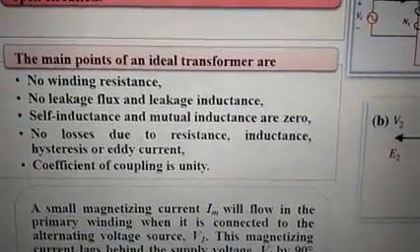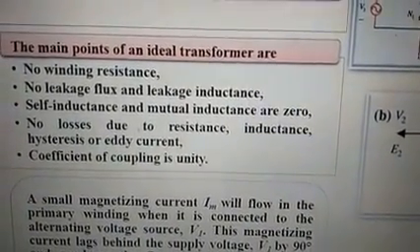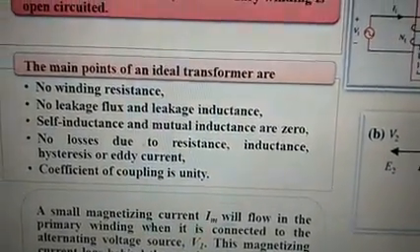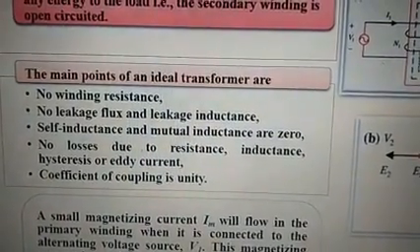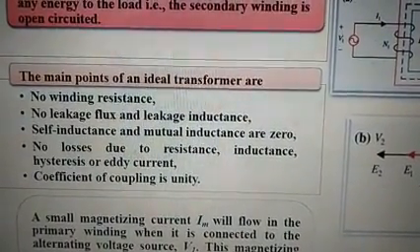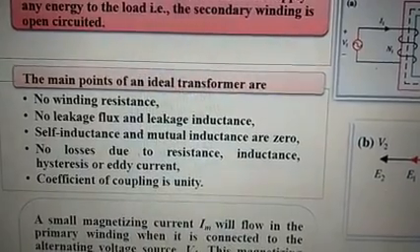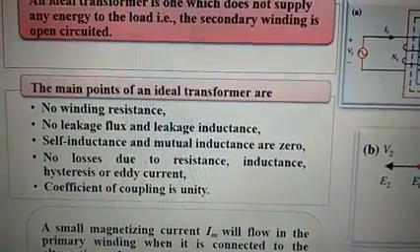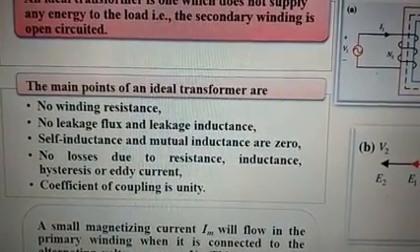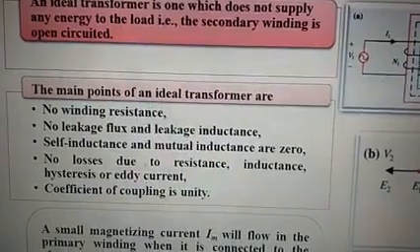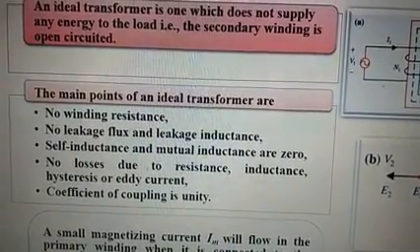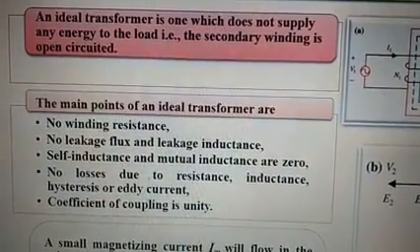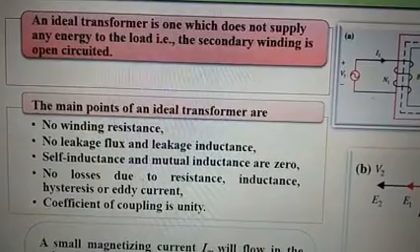these are the main points of an ideal transformer. It means no winding resistance, no leakage flux and leakage inductance, self inductance and mutual inductance are 0, no losses due to resistance, inductance, hysteresis or eddy current, as well as the coefficient of coupling is unity.